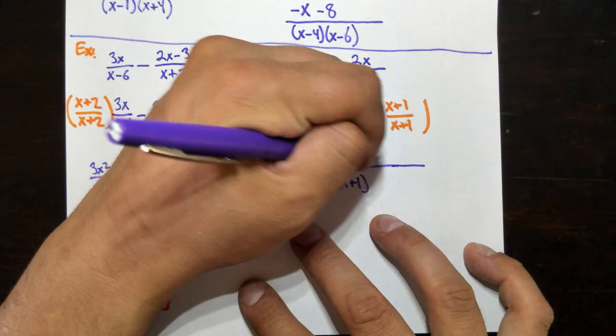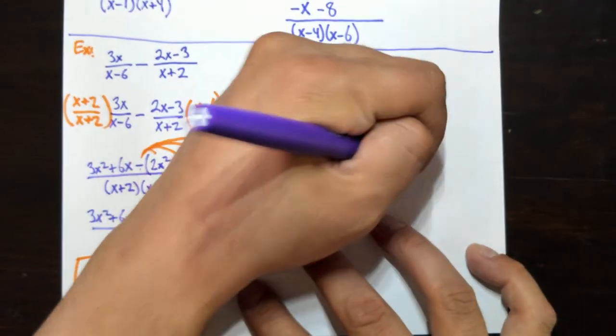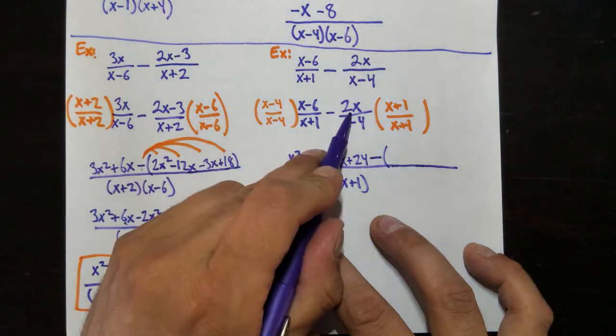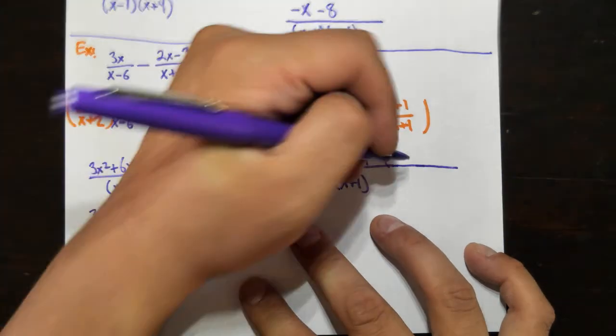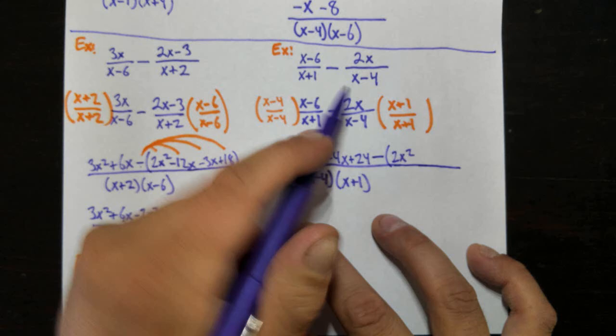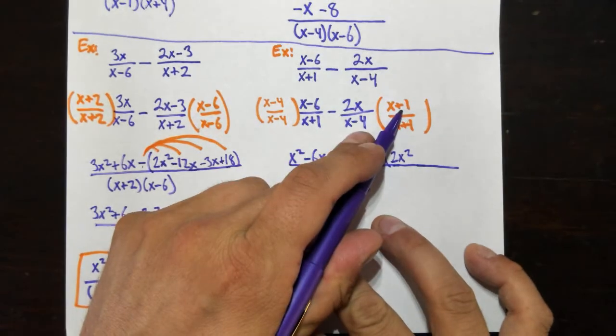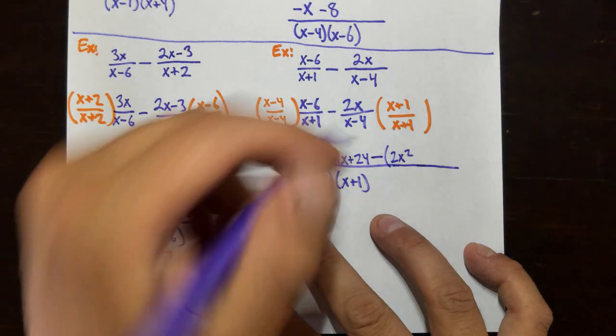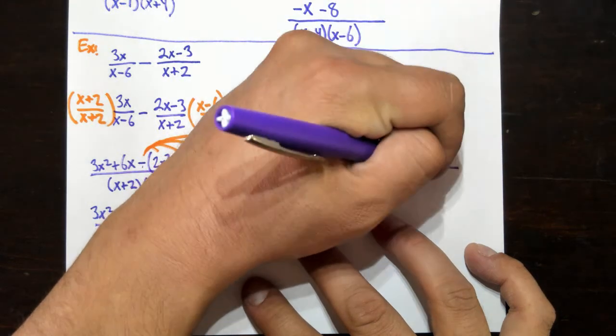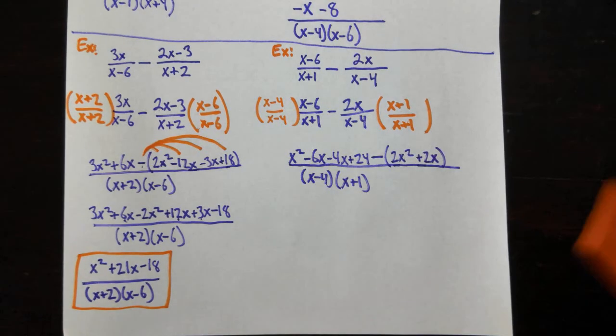Alright. And then we need our minus now. And then our parentheses, very important, don't forget. 2x times x is 2x squared. And then 2x times 1 is 2x. So now time to distribute this negative here.